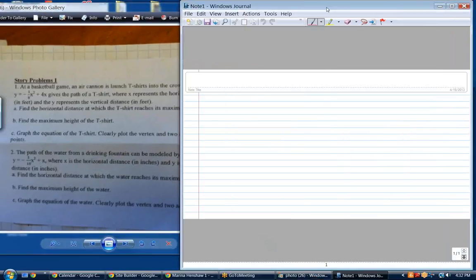What kind of an equation is this? What do we call this? A parabola? Correct. And which means it has either this shape or this shape.